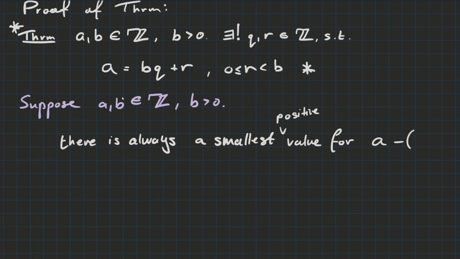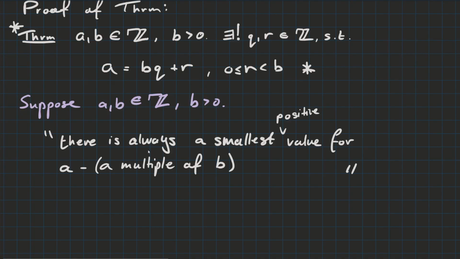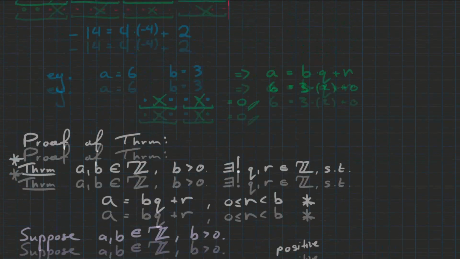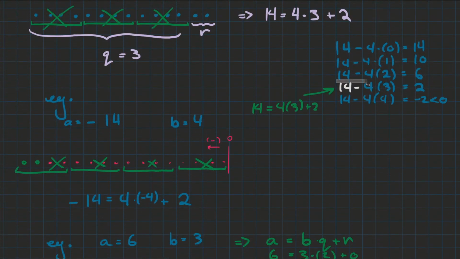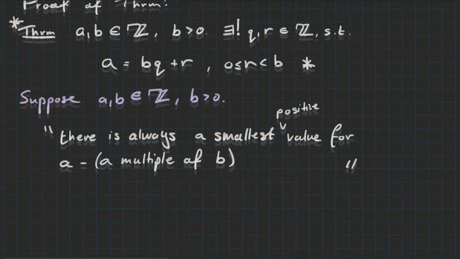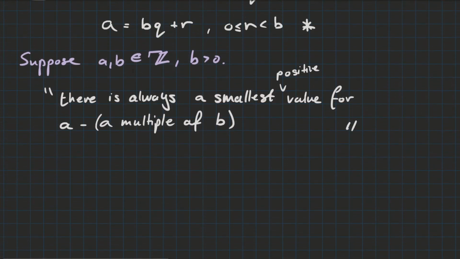You can't see off the side of the screen there, can you? So this is not a claim or anything. This is just an idea that we're going to go with because it seems right. If there's a smallest, I keep 14 minus a multiple of 4 as the smallest value. If I went any lower, it'd be negative. So it's the idea we're going with here.